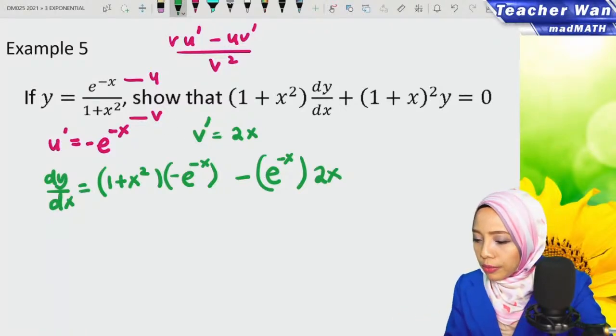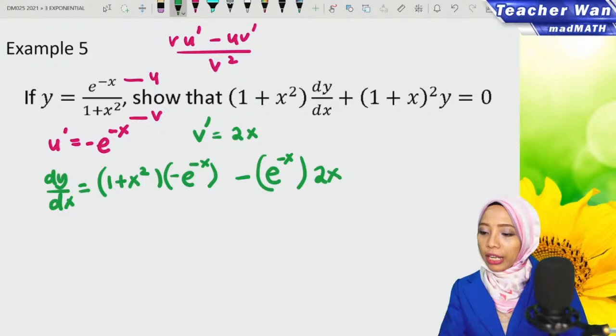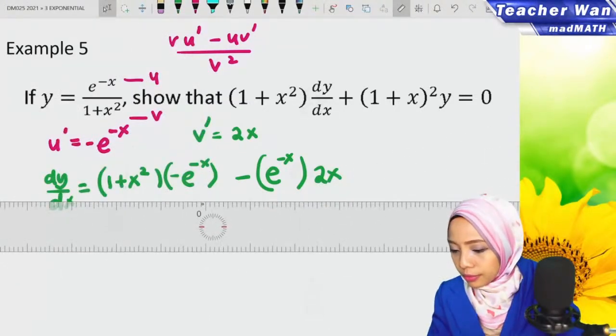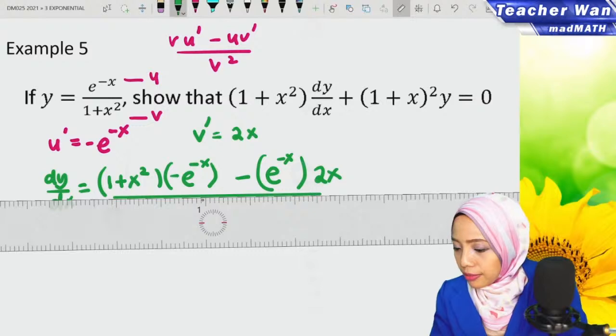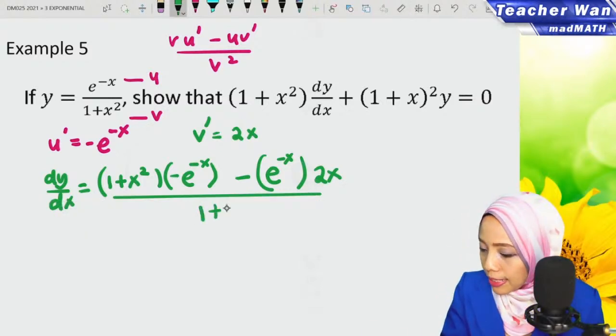Okay, so far so good. V, check. U prime, check. Minus U, check. V prime 2x, check. And then over V squared, so 1 plus x squared.